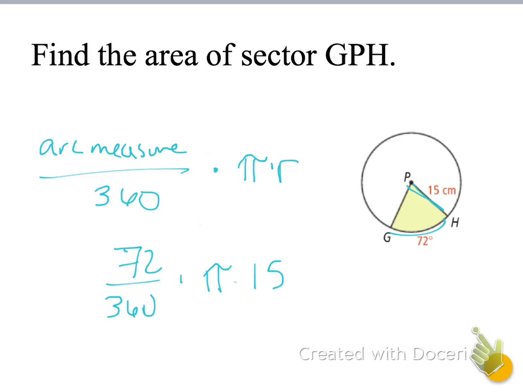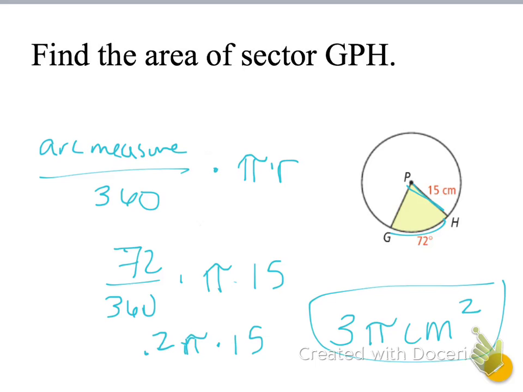So I'm going to take 72 divided by 360, and I get 0.2. Times pi, times 15 squared. So it's going to be 45 pi centimeters squared, because we're still finding area.